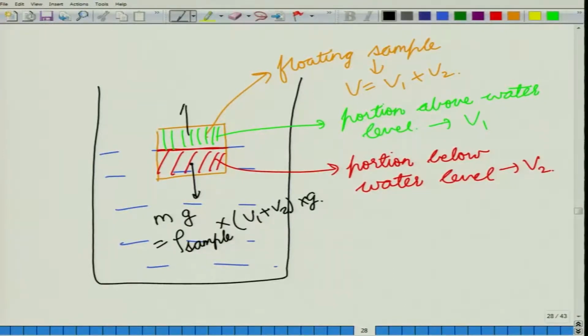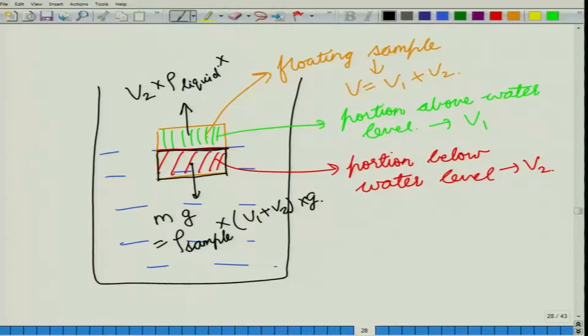What is the force that is acting upwards? The force that is acting upwards is equal to the weight of the liquid that has been displaced by our solid using the Archimedes principle. So the upward acting force, also known as the buoyant force, will be given by the weight of the liquid that has been displaced. Now the volume of the liquid that has been displaced is equal to this volume, so it is V2 into the density of the liquid.